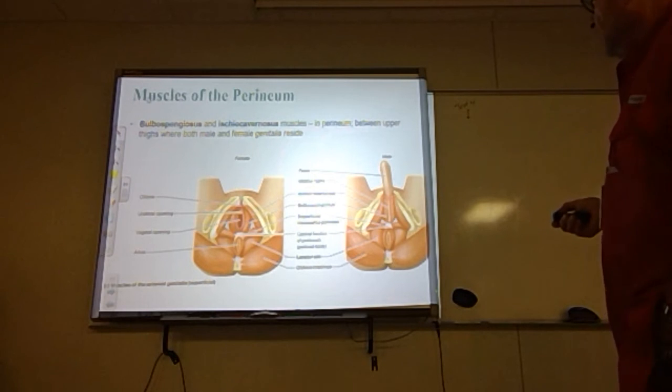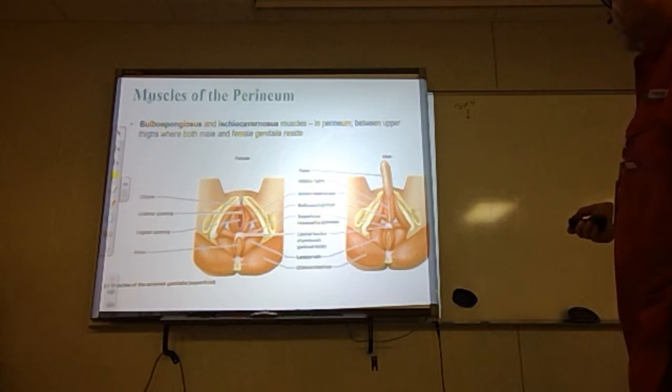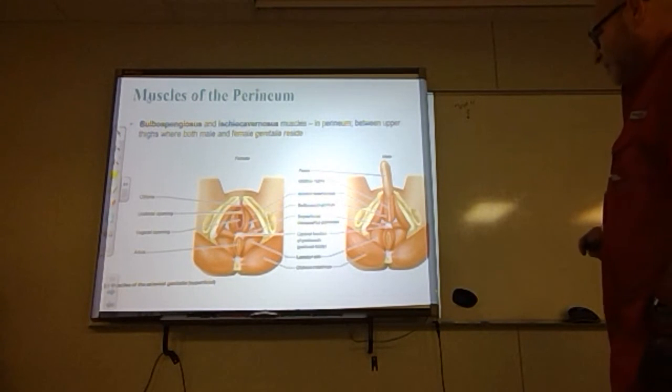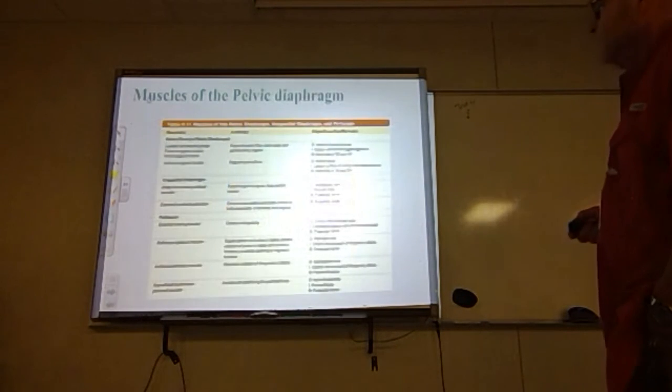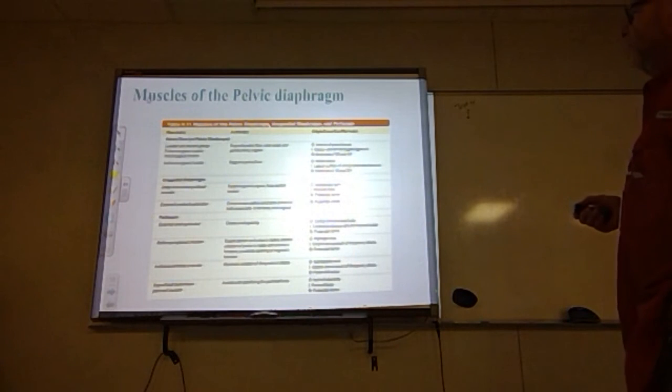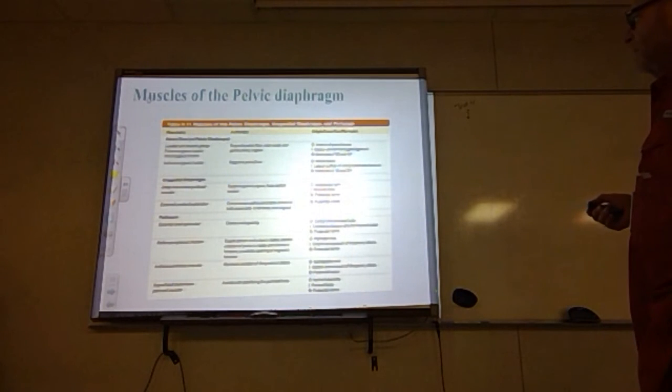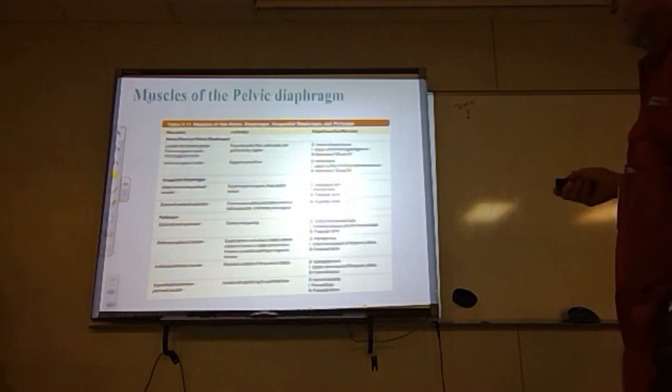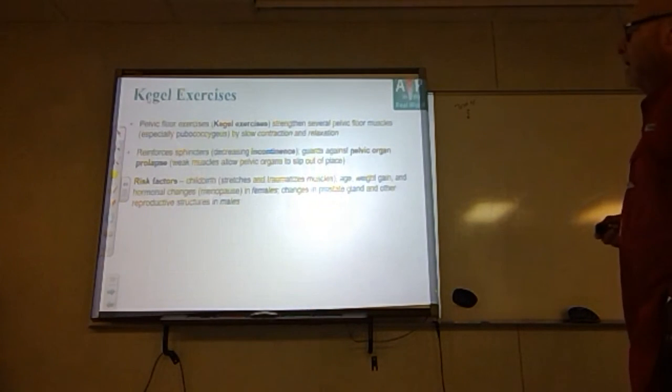But again, here's the ischiocavernosus, the bulbospongiosus, and see, both males and females have them. They're just positioned and constructed a little bit differently. And again, here are those muscles of the pelvic diaphragm, the urogenital diaphragm, and the perineum with their origins, insertions, and principal actions.